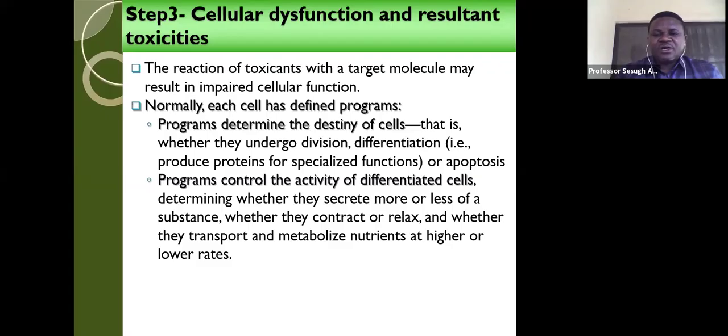Because if the function is for it to secrete a nutrient in a particular way, and the chemical now reacts with the organ, or maybe the protein or the enzyme, the enzyme may be affected.